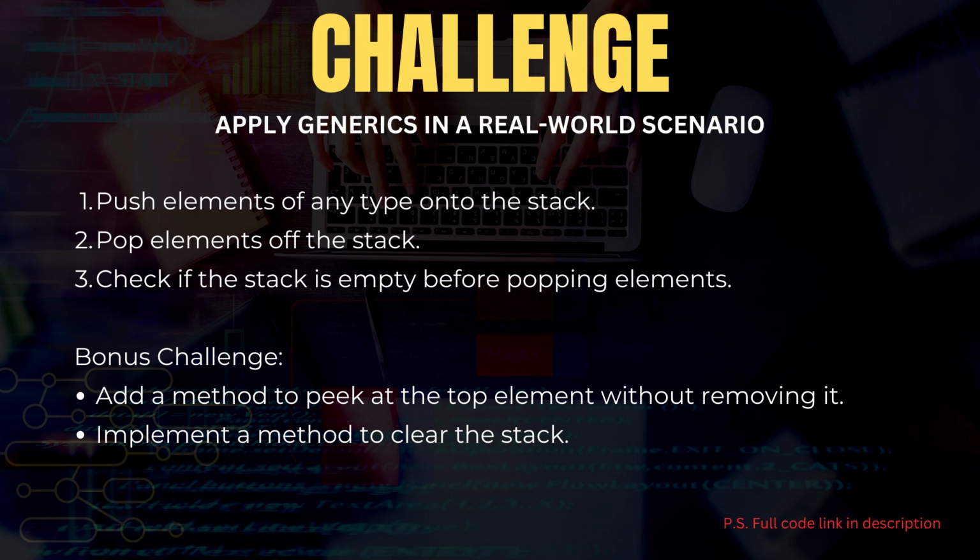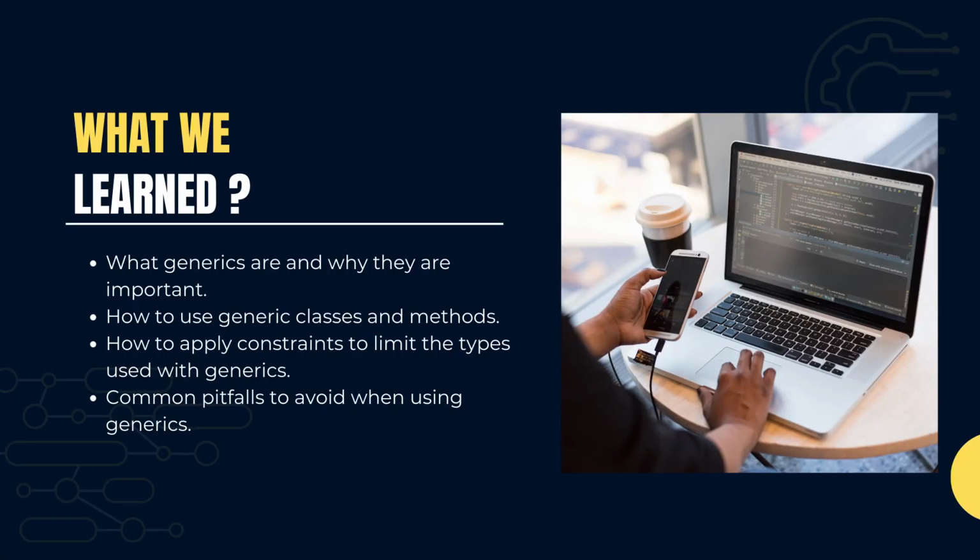And there you have it. Today we've covered the powerful concept of generics in C#, learning how to make our code more reusable, flexible, and type-safe. We explored what generics are and why they are important, how to use generic classes and methods, how to apply constraints to limit the types used with generics, common pitfalls to avoid when using generics.